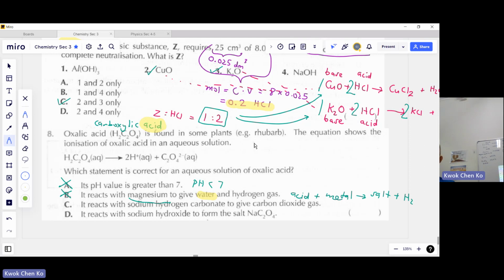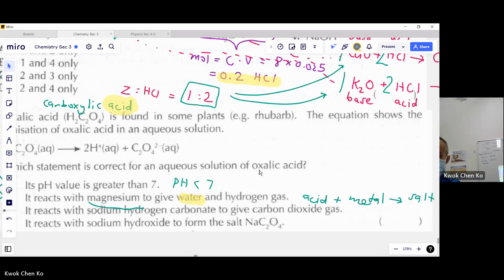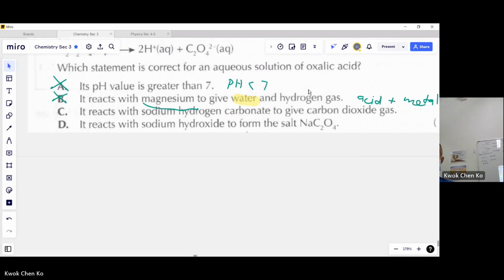How about this? This one is tricky. D is quite difficult. Look at D. Sodium hydroxide. Yeah, guys, please know that it is an alkaline. Okay. And then you have your acid, oxalic acid.